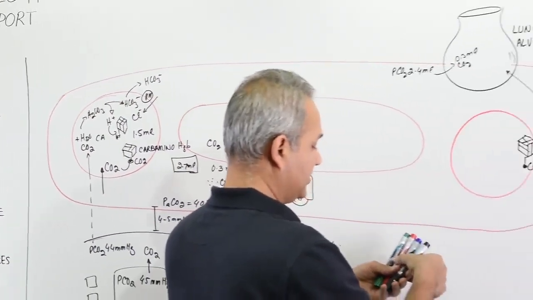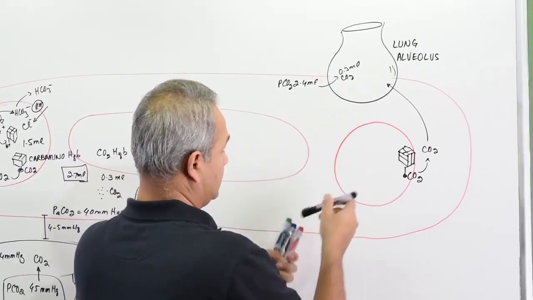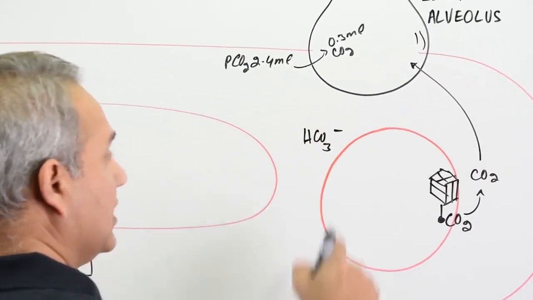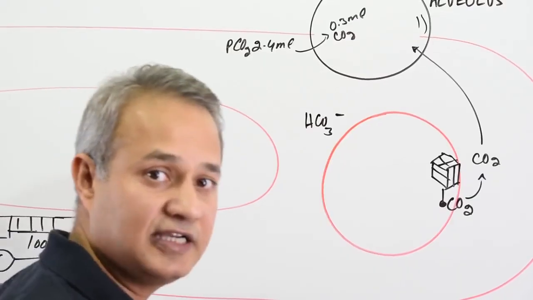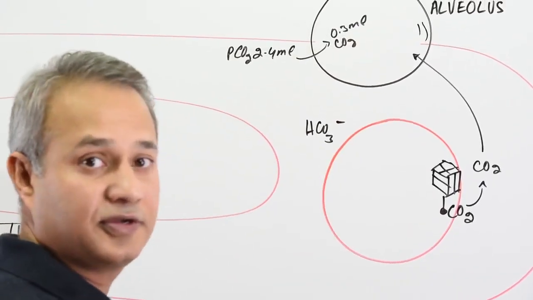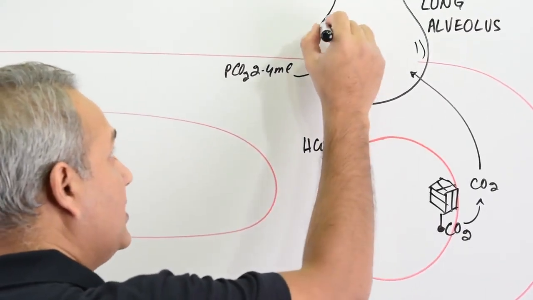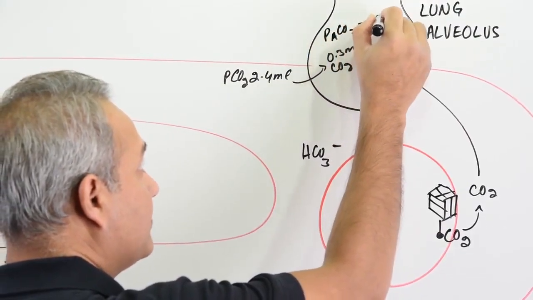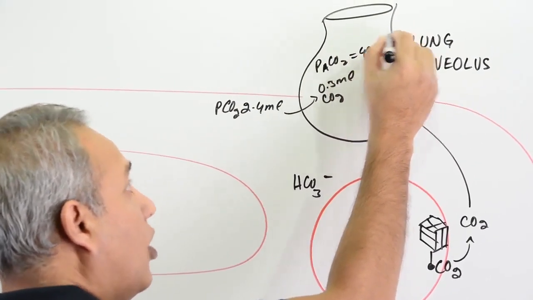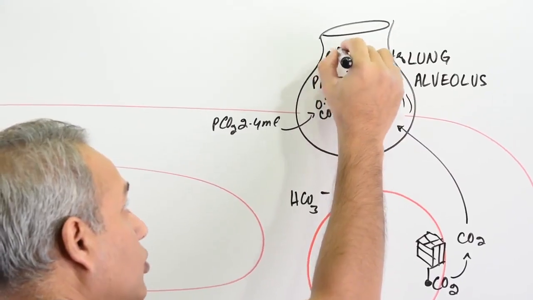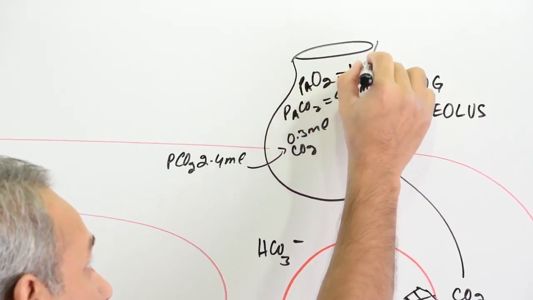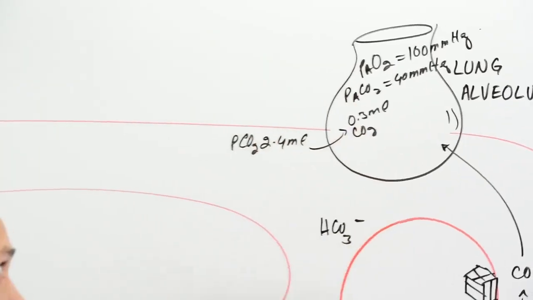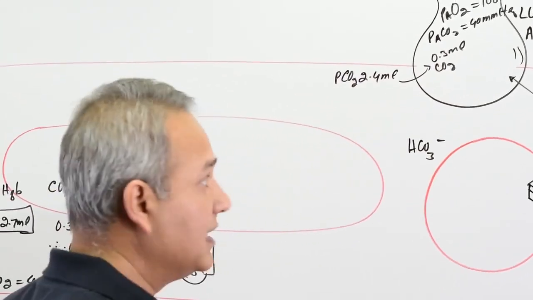So over here, bicarb is present here. Pressure of carbon dioxide is more in this area, less in this area, right? So PaCO2 is 40. Oxygen pressure, PaO2, is 100. So oxygen is coming in and carbon dioxide is going out.